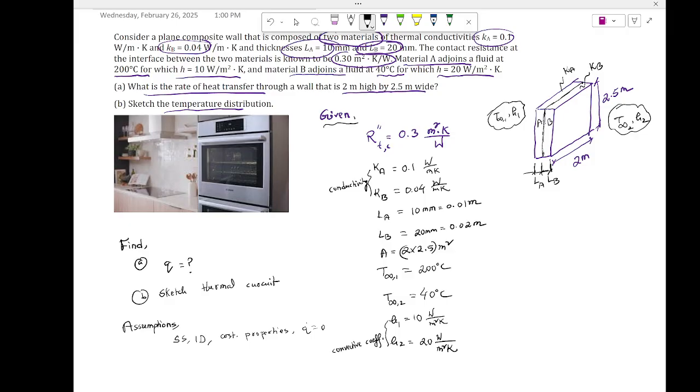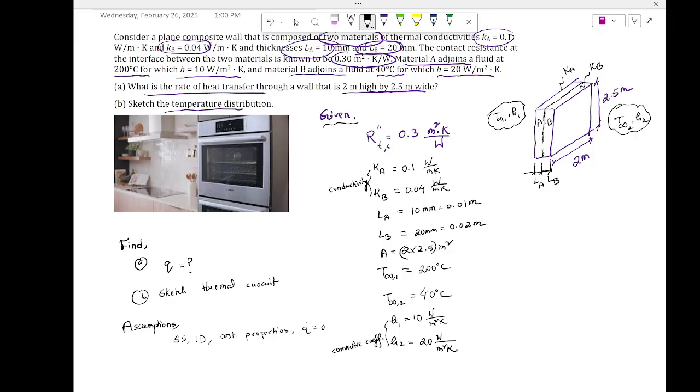Got it? The last class we did learn this. All of them are in series. Okay, and then we have this temperature here, the outside temperature T. And then we have this middle one, the contact resistance, remember.